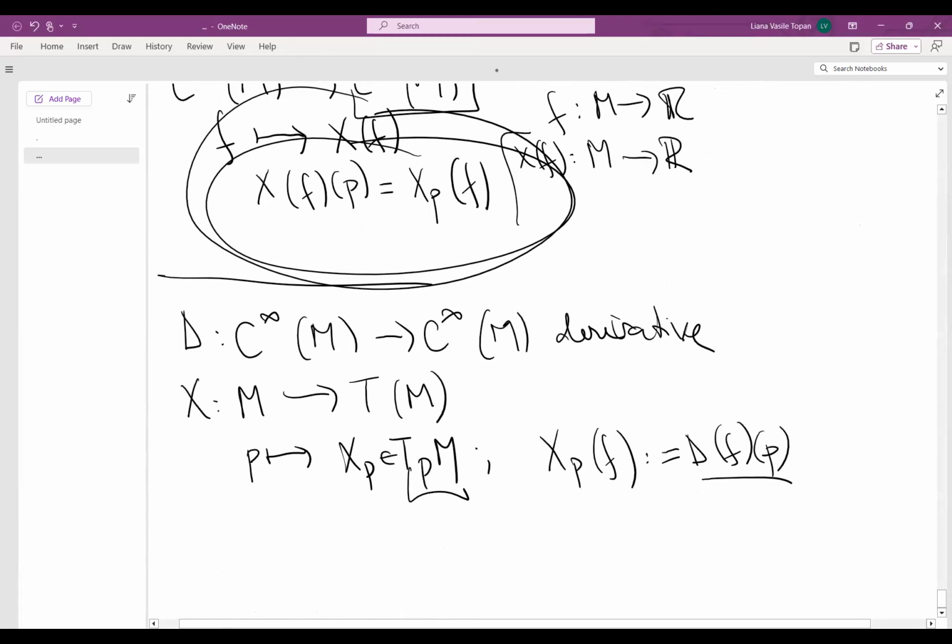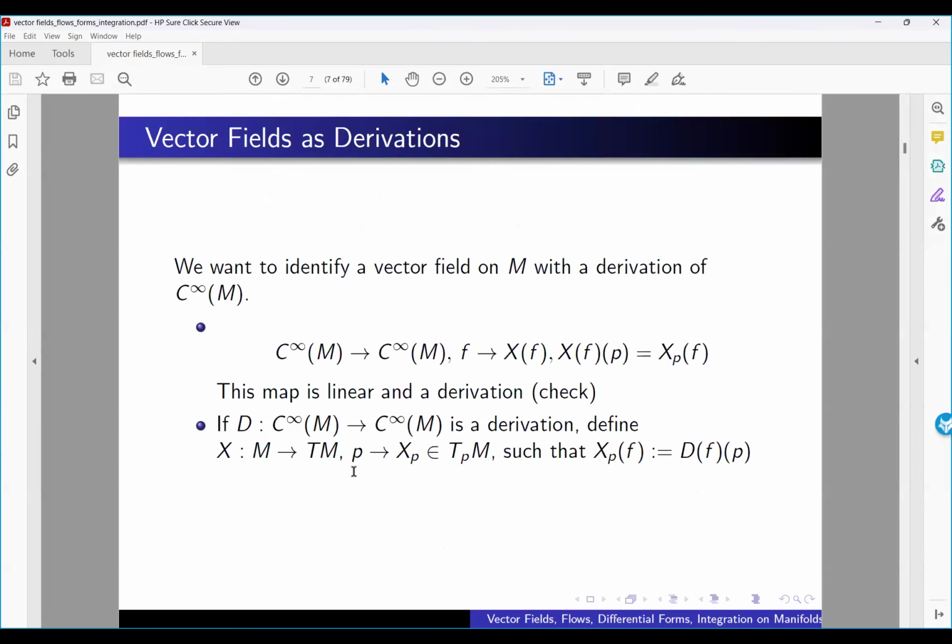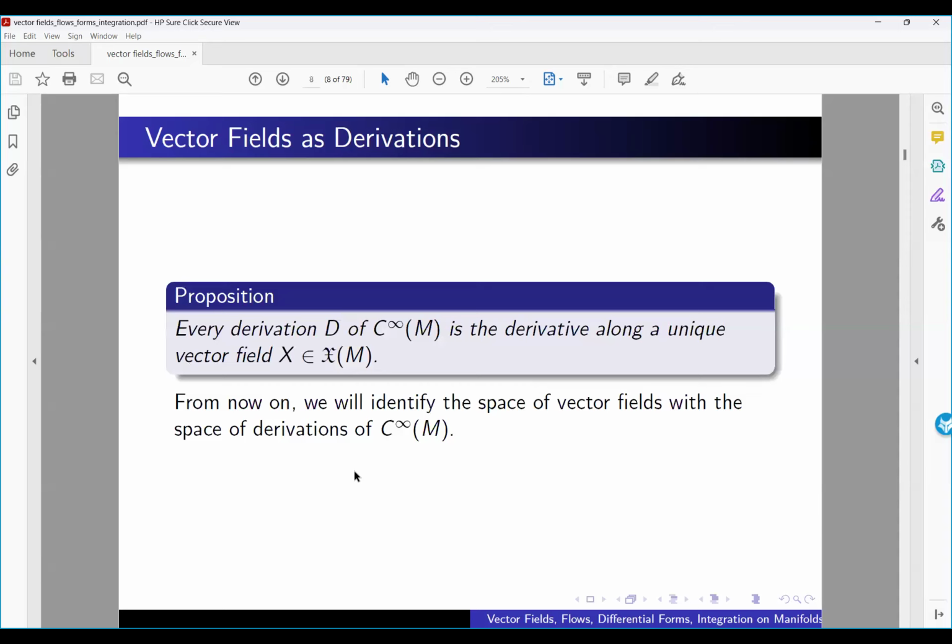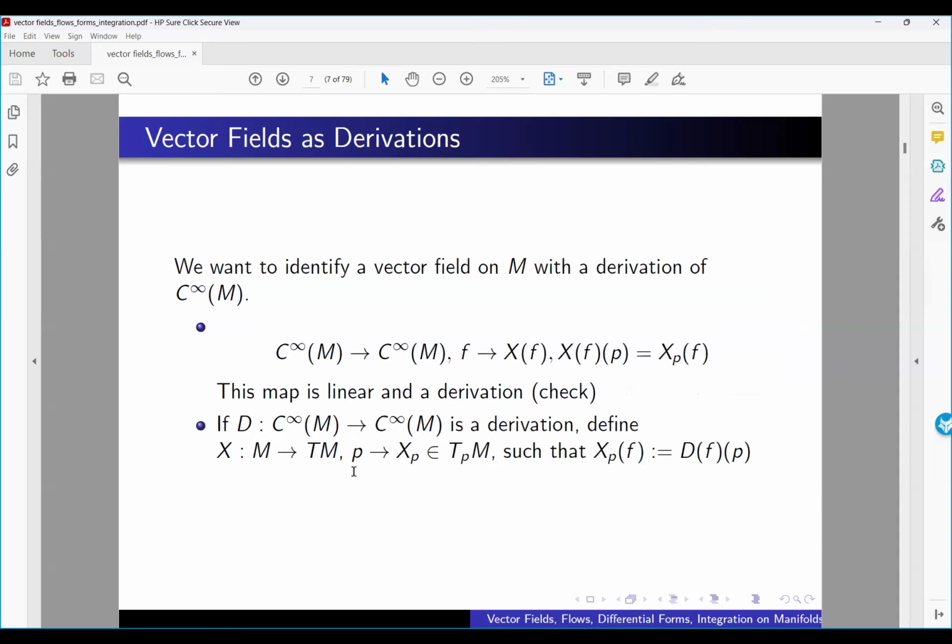So it makes sense to talk about Df of P. Now, it happens that these are correctly defined, and using these identifications, this is what I wrote there. Using this identification, we can look at the vector field in a dual way, either as a section of the tangent bundle, or as a derivation of the real algebra of smooth real valued functions defined on M, right?